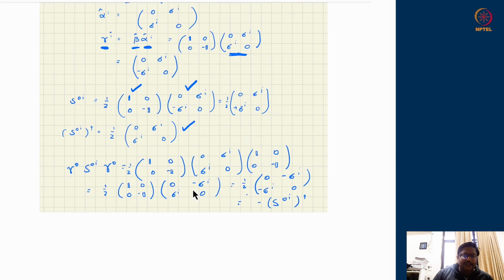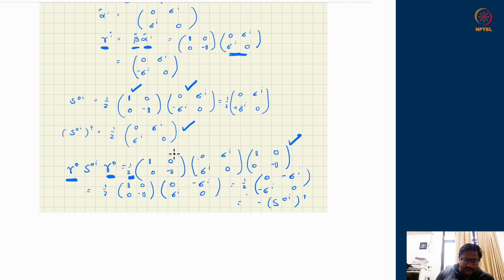Further, there is a useful identity which connects S0I with its dagger in some sense. I multiply gamma 0 from left and right to S0I. S0I was half times sigma I along the anti-diagonal, which I am writing in the middle, and I squeeze it between gamma 0 from the left and gamma 0 from the right.